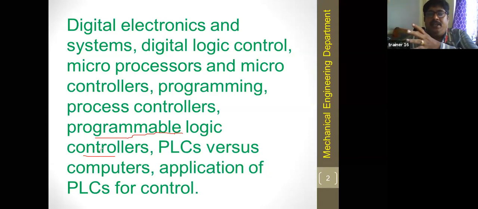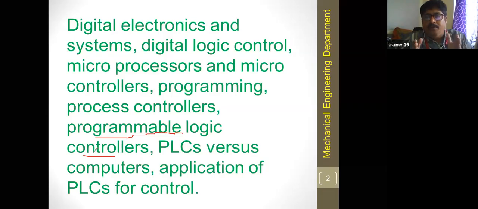Same as that, here the computer numerical control is the machine. Here the hydraulic actuation system or pneumatic actuation system is the system, by comparison. In that, we write part programming, and here we write programming in PLC, programmable logic controller. Now are you understanding?